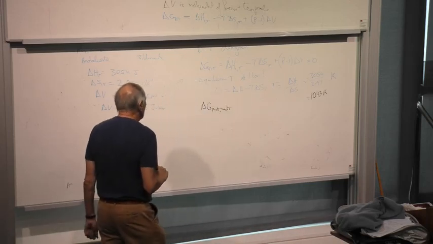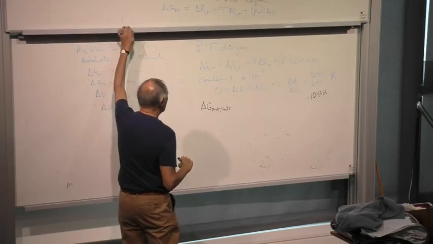Since we're on the equilibrium boundary, that has to be 0 as well.